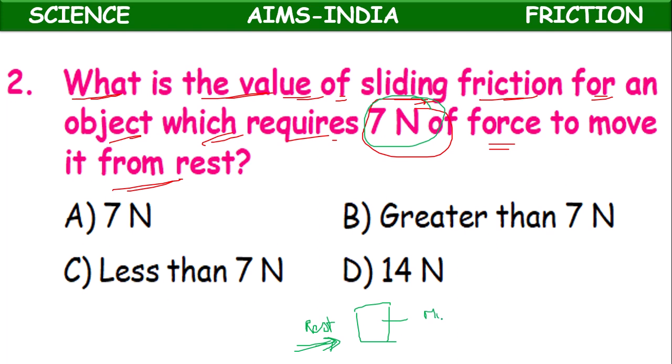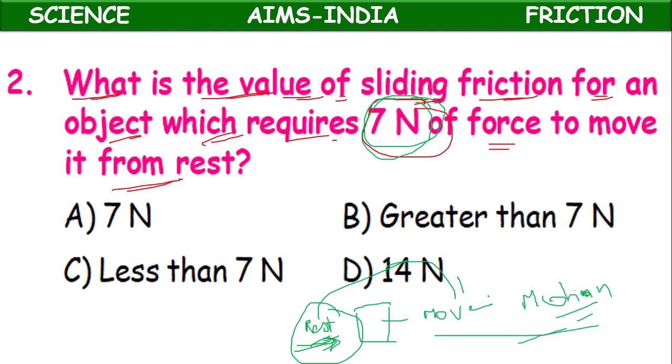To make it move from rest to motion, we have to apply a force of 7 newtons. Whatever force is applied during that time will be converted to static friction.